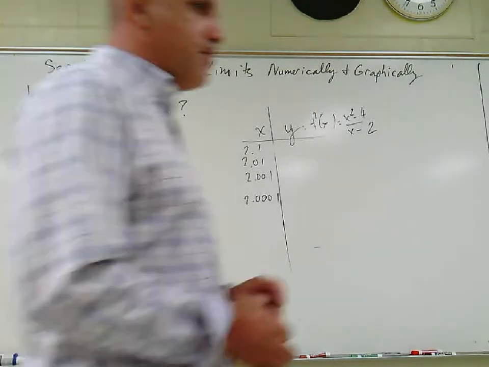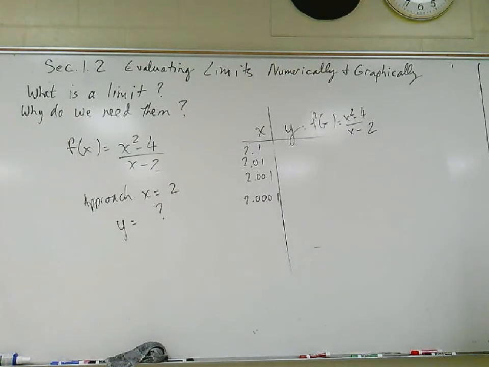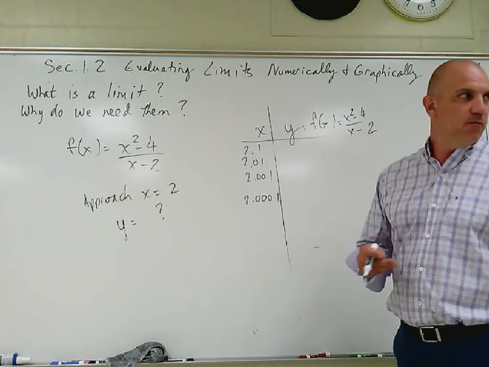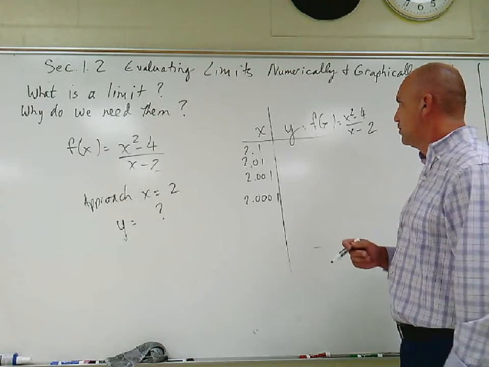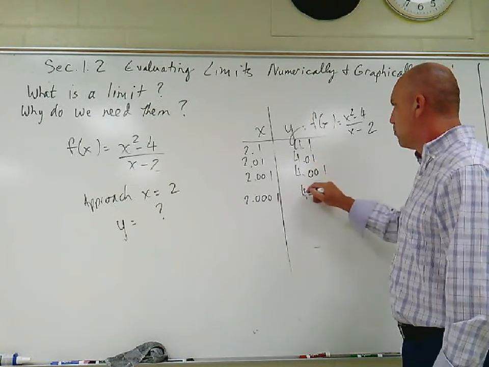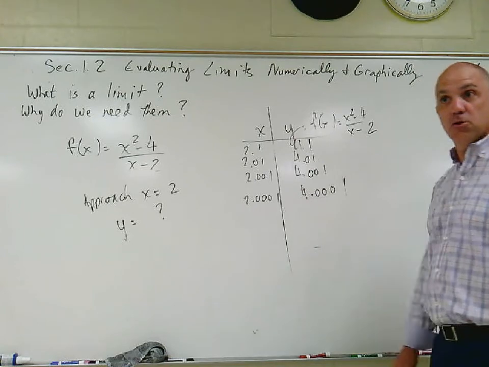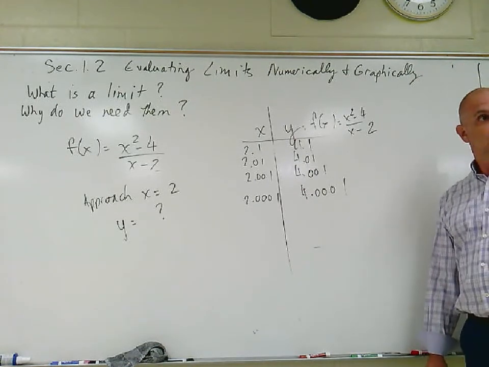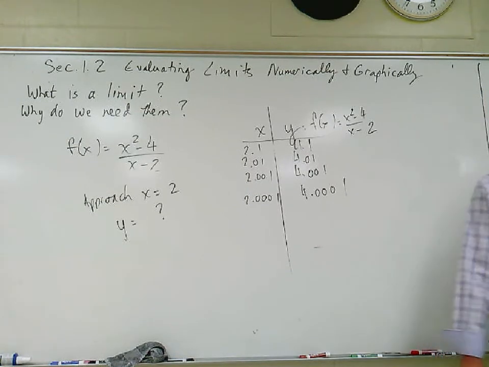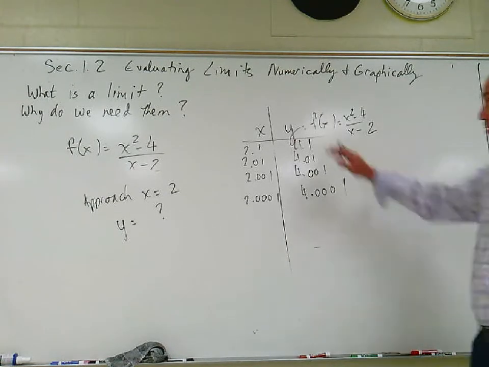I don't need a calculator. So, you can give me the first one, then I'll give you the other 3. What's the first one? 4.1. It goes 4.01, 4.001, 4.0001. That's what you should have got. You plug it in. Okay? So, I know those other 3 in my head. Obviously, there's a shortcut, because I did the math in my head, but that's a pattern.